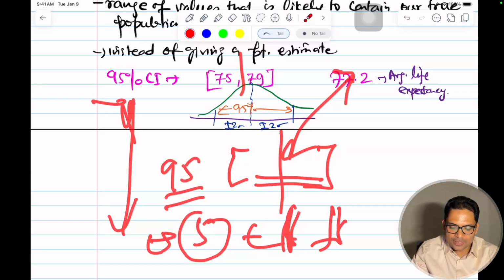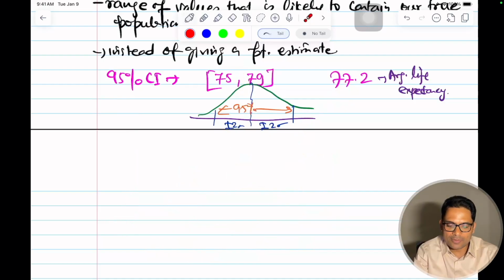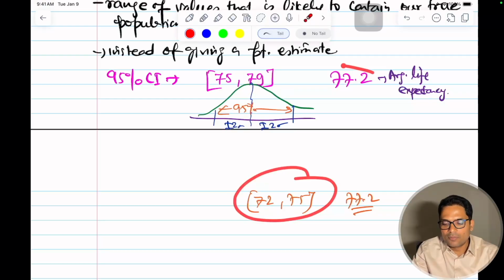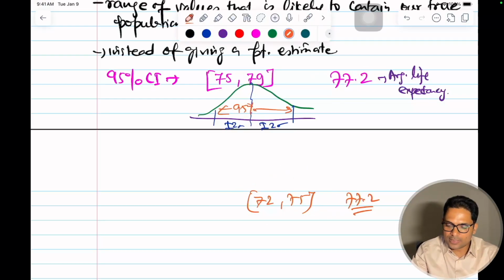Either they may be less than this or more than this. For example, if I have a confidence interval of 72 to 75, this doesn't include 77.2, right? So I can have 5 such samples which miss this. Or for example, I have one confidence interval which is like 78 to 81.